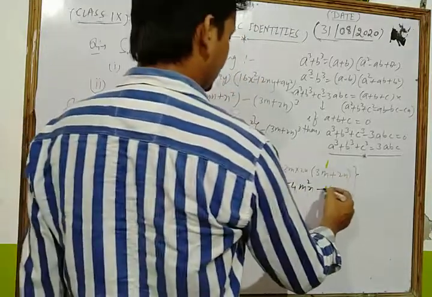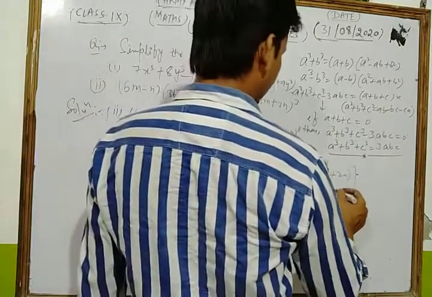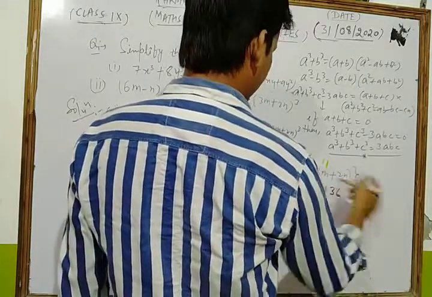Now plus 3 3 is 9, 9 2 is 18, 18 2 is 36. This is 36mn square.